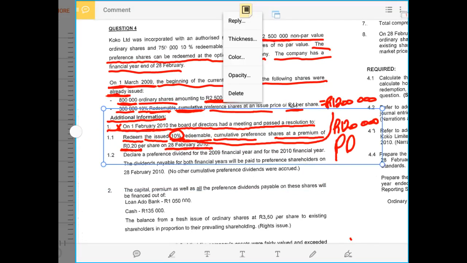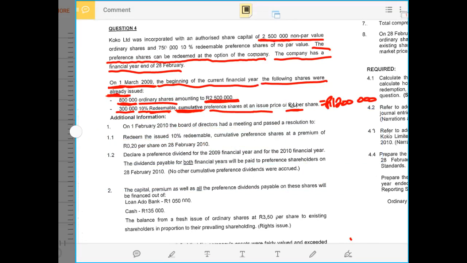So now I want to bring you into a scenario where only a certain portion of the shares is being redeemed. If, let us say, they had said that 70% was redeemed, this is my own scenario, please understand me. It's not always the case that all the preference shares that were issued will be redeemed.